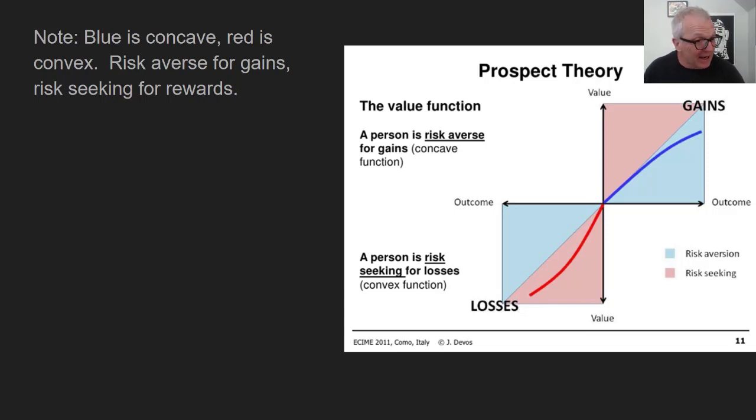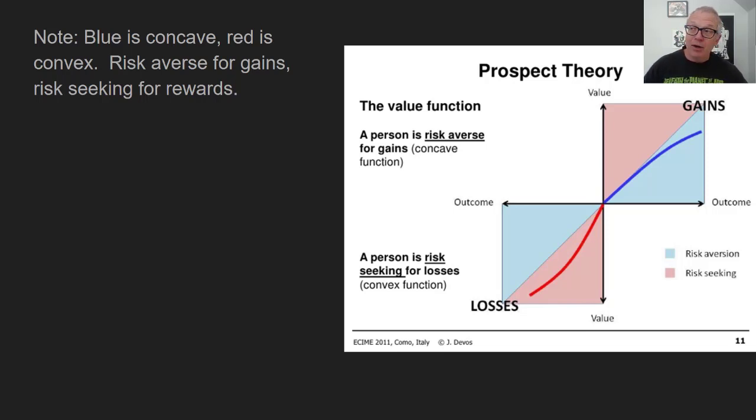Expected value theory says that if I'm faced with a 50% chance of losing $5, that's equivalent, in terms of how bad it is, to how good it would feel to have a 50% chance of winning $5. So $5 gained versus $5 lost are treated the same in terms of how bad is bad and how good is good, and that would be the 45-degree line.